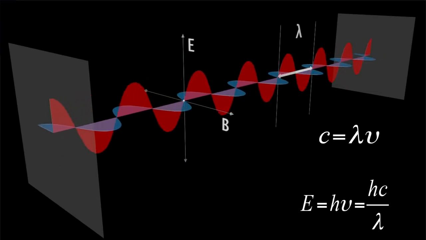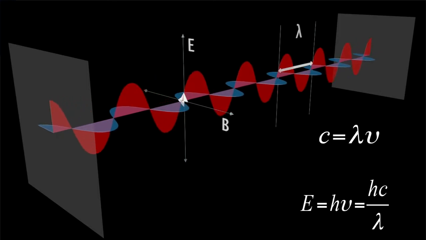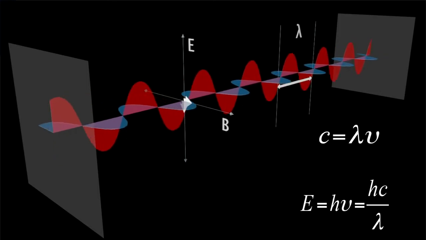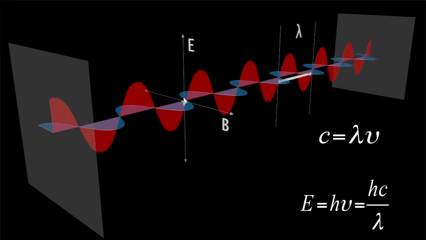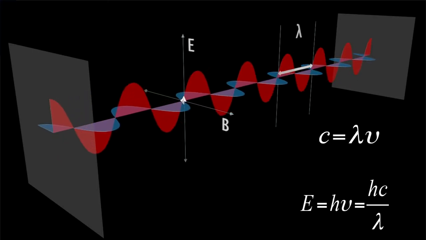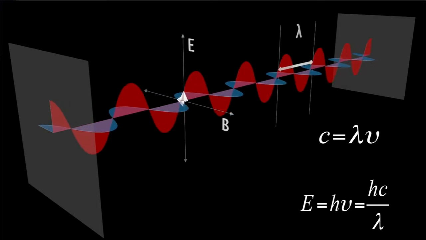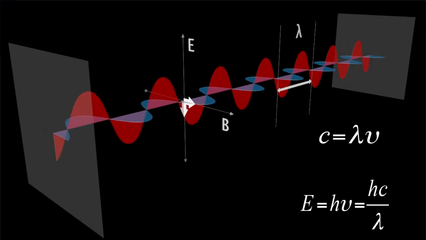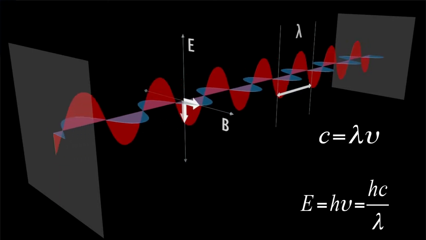An electromagnetic wave is propagating with the speed of light c in vacuum. The frequency and wavelength of waves are related with a simple equation. The velocity of the wave is equal to the product of the frequency and the wavelength. The energy of the photon with wavelength lambda is equal to the product of the Planck constant h and the frequency.